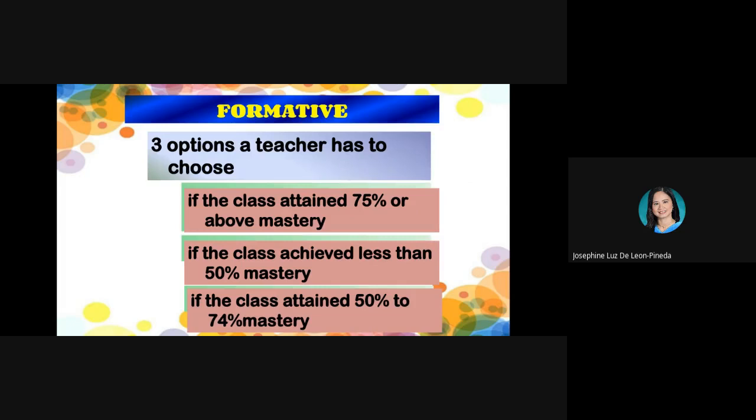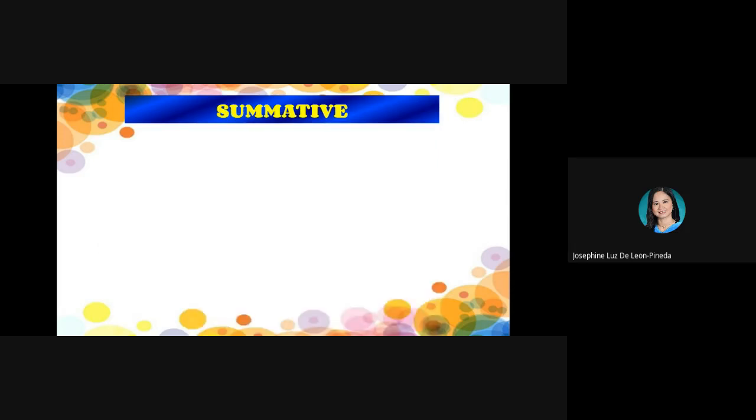So, yun lang yung remediation. Baka kasi hindi nila nakuha yung portion ng test na yun kasi nagkaroon sila ng misconception. So, yun yung mga nire-remedy natin. So, yun. That is what we can choose, no, based on the result of your formative test.